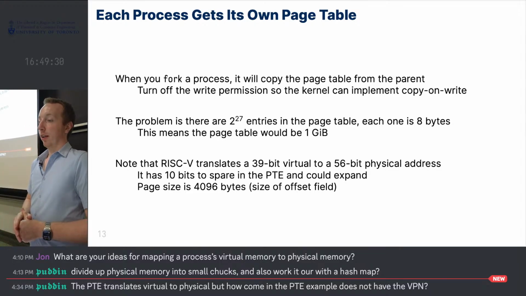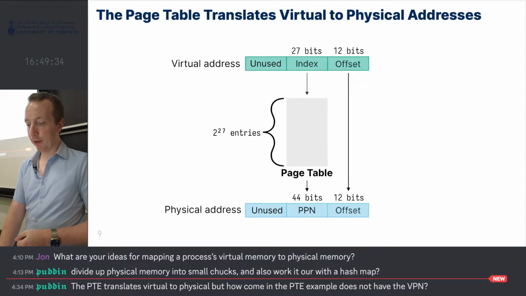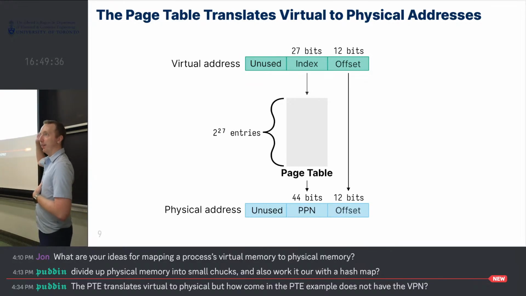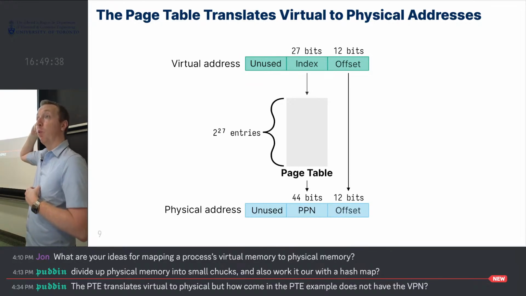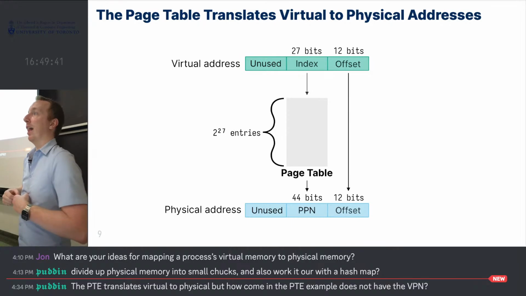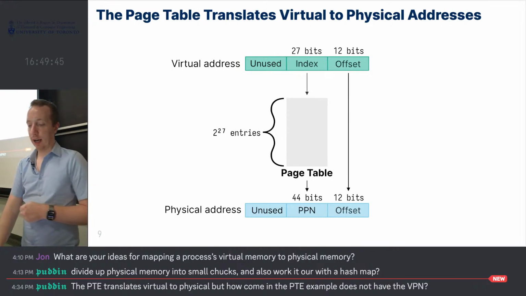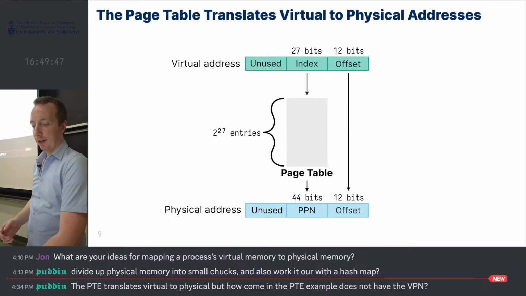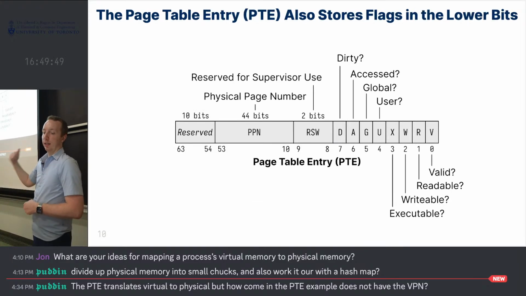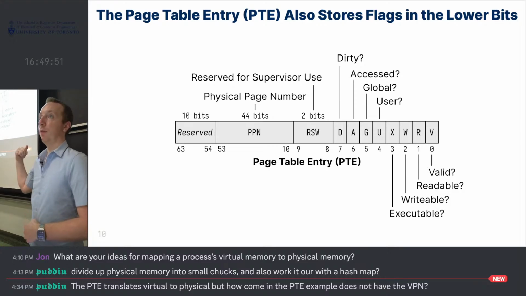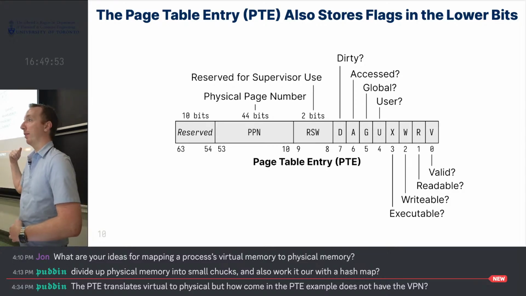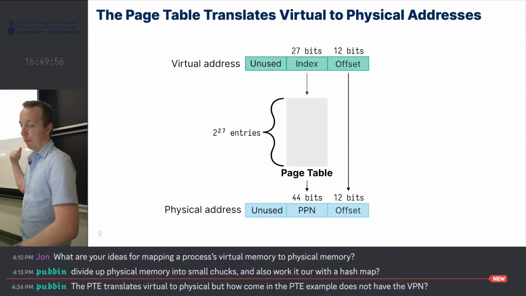There's also a big problem here. We might have noticed that this page table has 2 to the 23 entries. If you put that in your calculator, that's a lot of entries. Each entry is 64 bits, or 8 bytes, which is 2 to the 3 bytes.